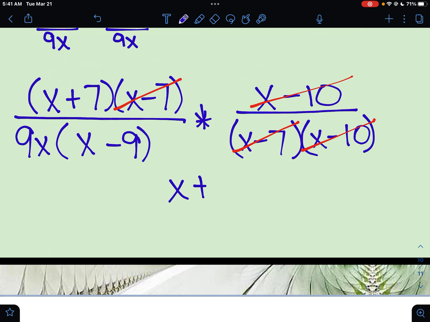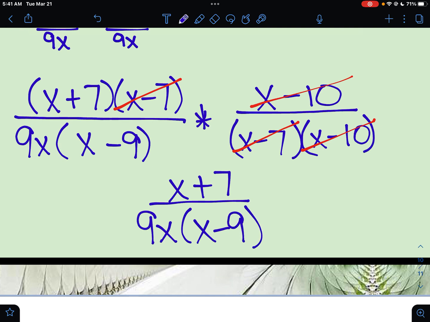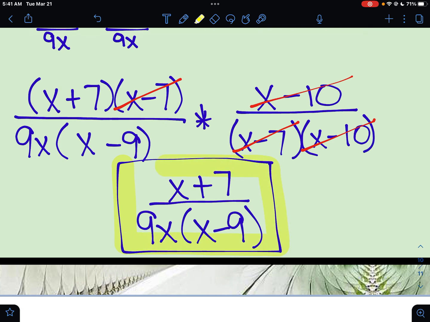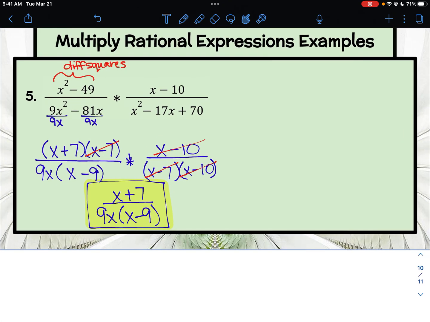So x plus 7 on the top and 9x times x minus 9 on the bottom. And I know that you could distribute that 9x on the bottom, but this is how we want our answers written in simplest factored form. Okay.